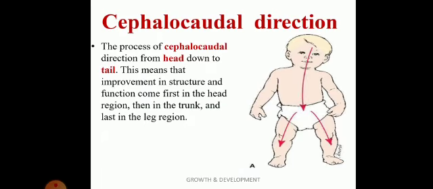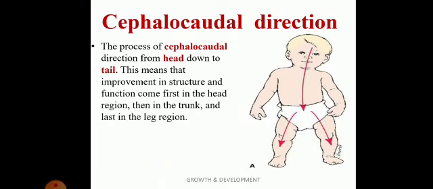You can see in this figure, it is cephalocaudal direction type of development. When you see the developmental milestones, you will realize that initially there is head control. The first milestone to be developed in the gross motor domain is head control. The child will learn how to control the head within 2-3 months of age.